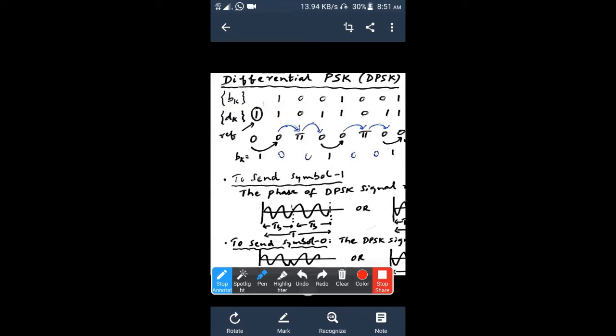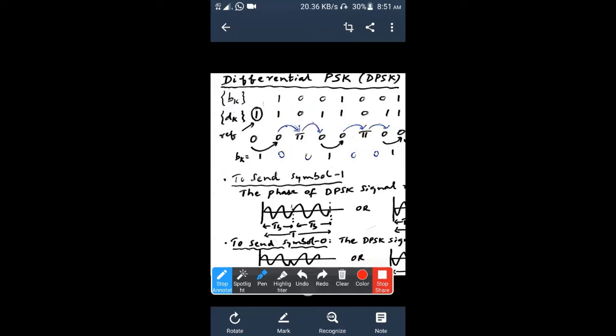Now I've given only BK and DK. I've skipped DK minus 1; it is there. Your DK should be shifted and assumed yourself. So after getting DK, the complete thing, I've written the phase of the DPSK signal. Whenever there is 0 phase, 0 phase, 0, 180 phase, 0 phase, 0, 180 phase, that's how this phase is written.